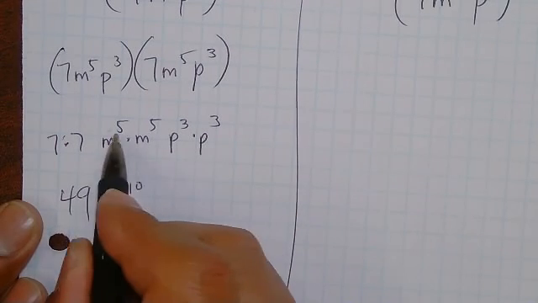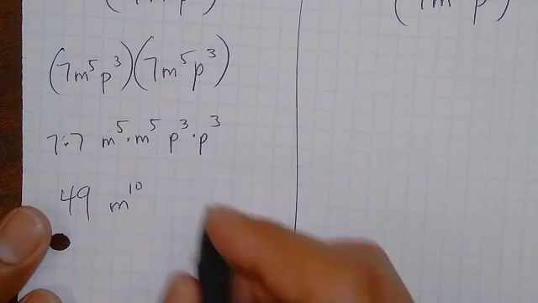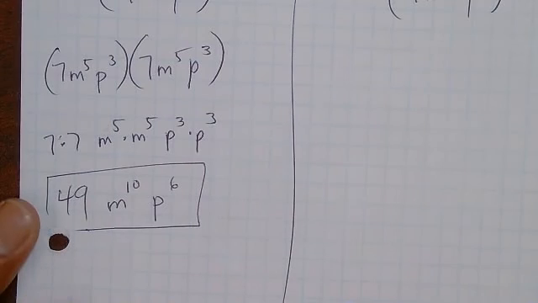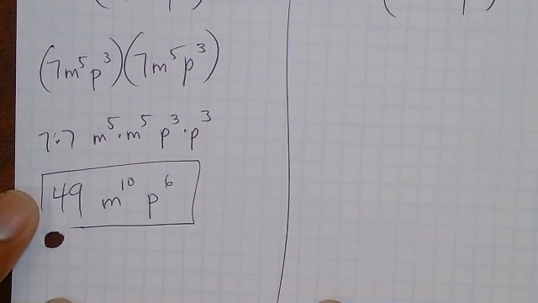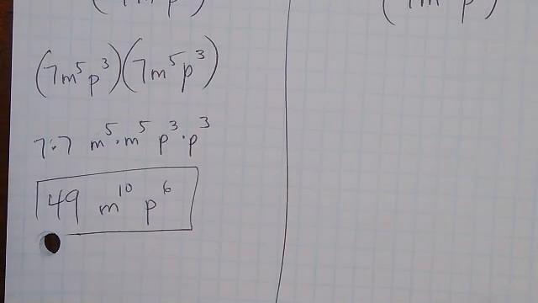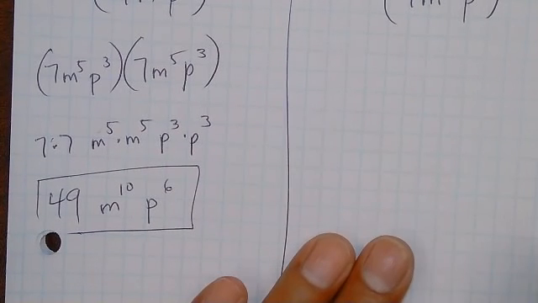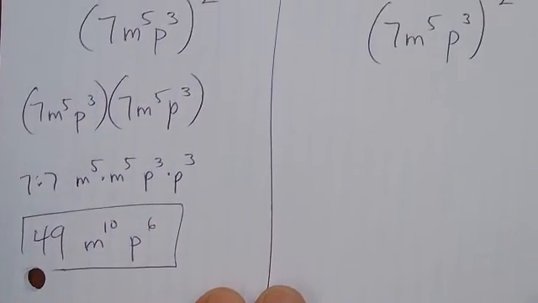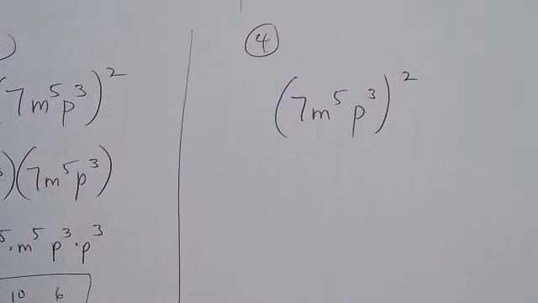Okay, you should have 49 and what? m^10, right? When it's multiplication, you add. p^6. Is that right? That's the product rule method approach.